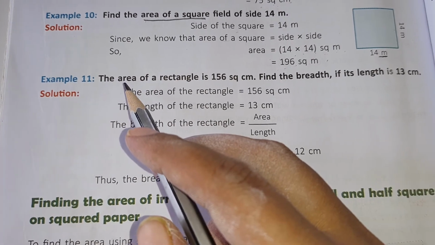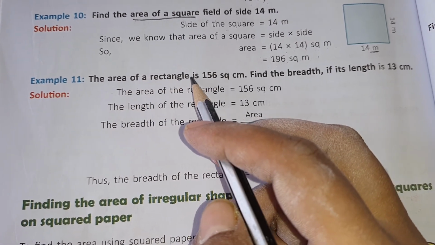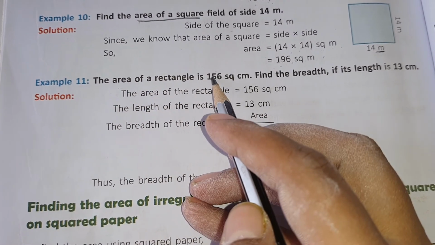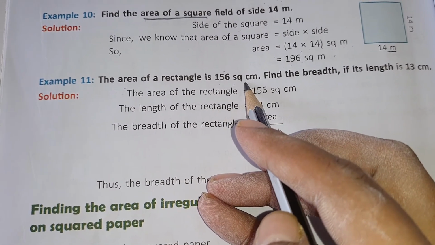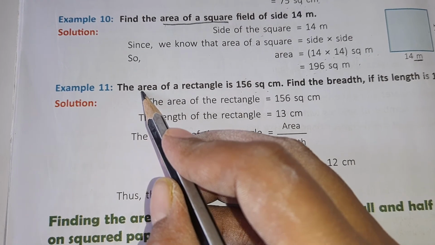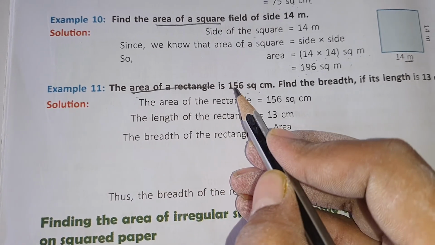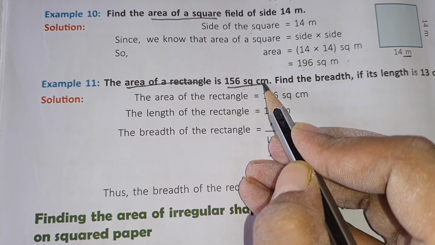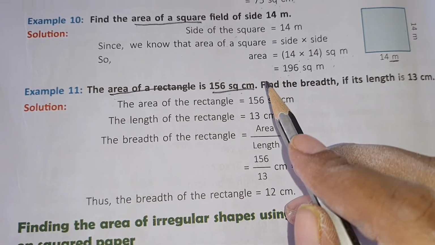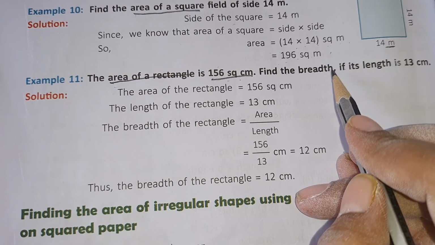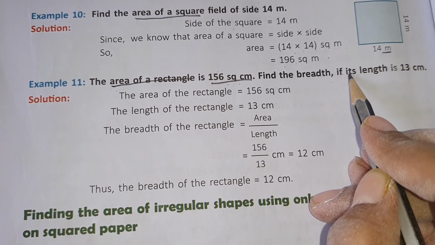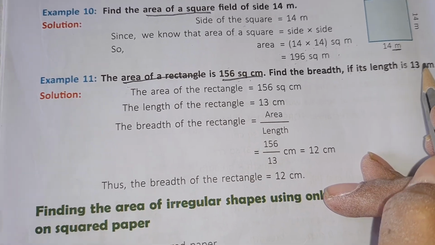Next example here: the area of a rectangle is given, that is 156 square centimeter. Find the breadth. That means you have to find out the breadth if its length is 13 centimeter.